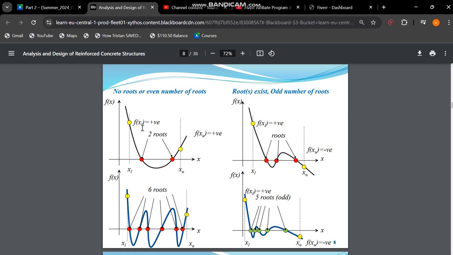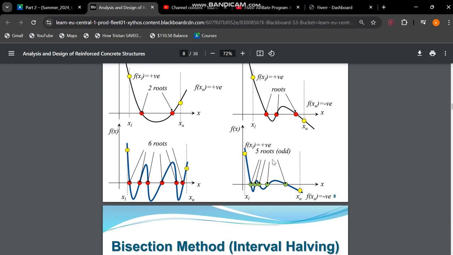Because if it's positive, there could be no roots, and if there are some roots, it's going to be an even number of roots. Similarly, if f(xl) is positive and f(xu) is negative, then an odd number of roots are present. Okay, so these are a couple of examples.